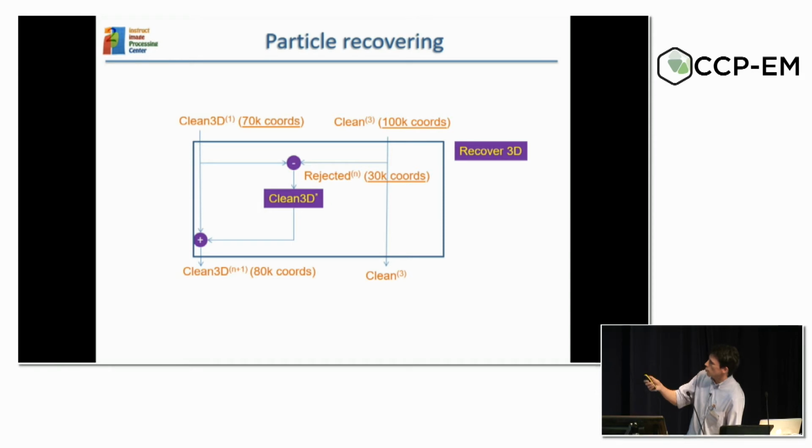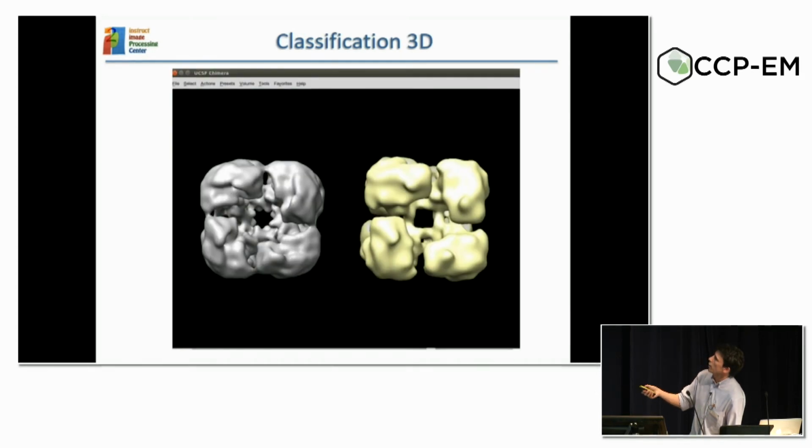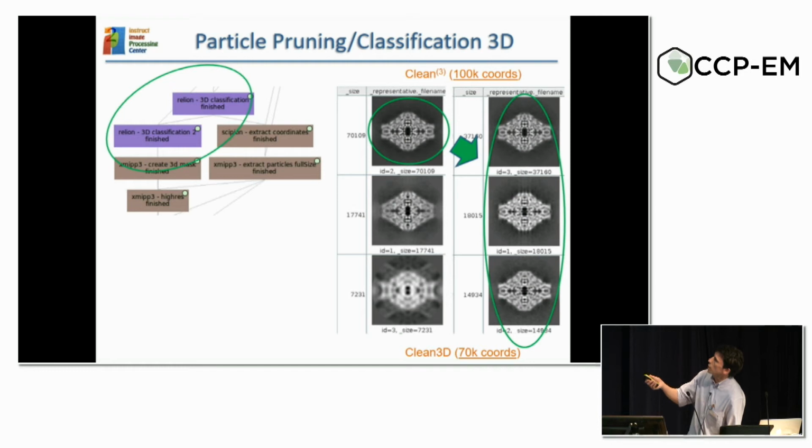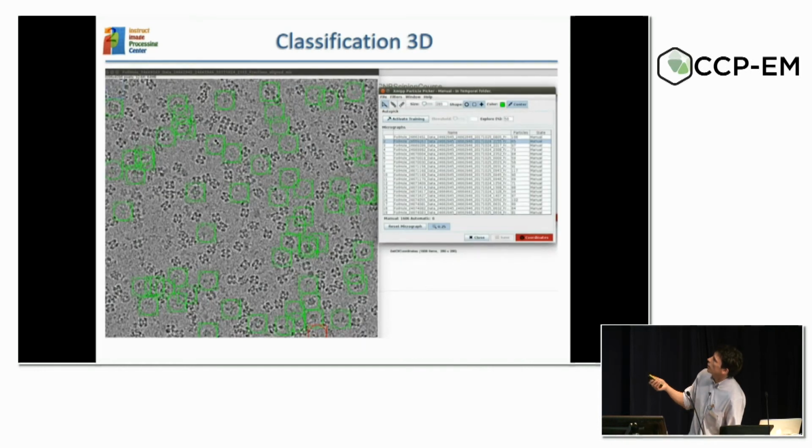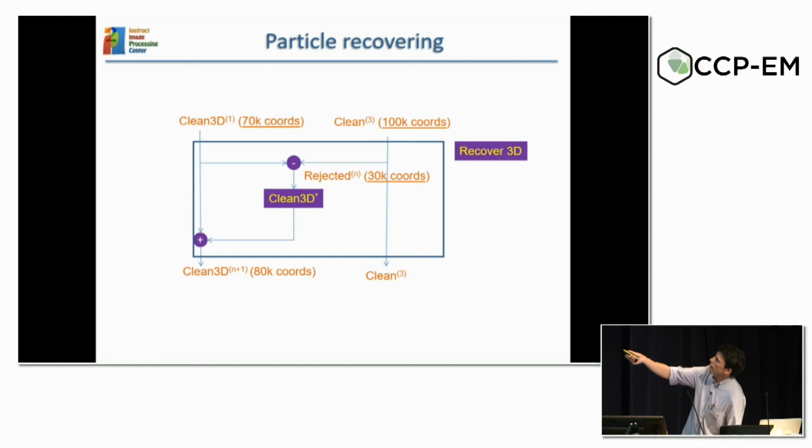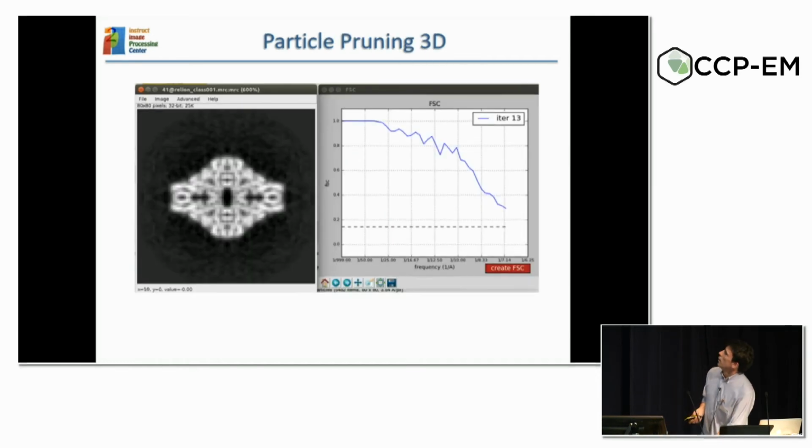Now you can use this operator, that is the cleaning in 3D, to analyze this data again and try to save a few of them that are still good particles, because there was a wrong decision in the classifier, and in this case you have saved 10,000 particles. And well, now we think we have a homogeneous population. We go to refinement, and you end up with this structure.